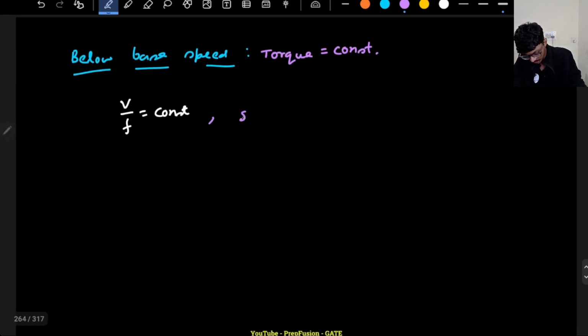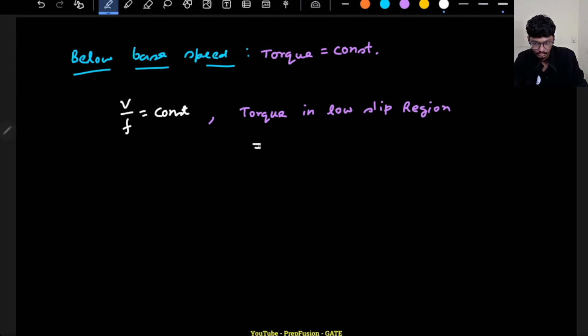The torque expression, torque in low slip region will be 3 upon omega s into voltage square. We had already derived this, right?